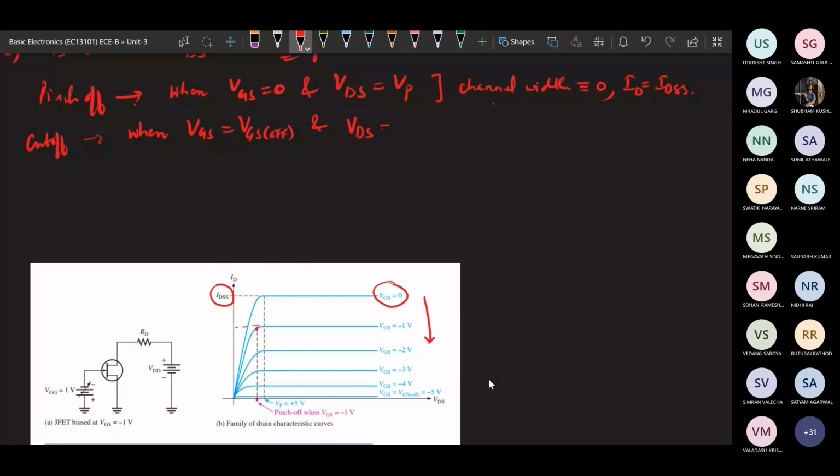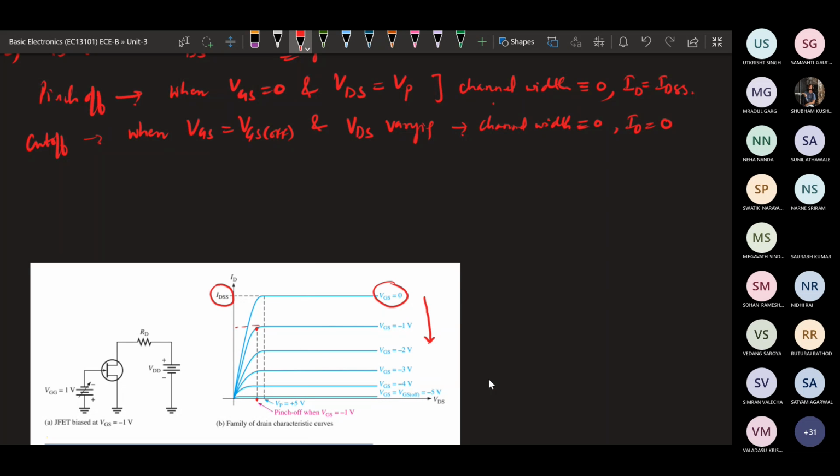Here VDS is varying, so VDS is any value, but when VGS is equal to VGS(off), the channel width will be reduced to almost 0, and the current flowing is similar to a 0 current. So the current will become 0 in this cutoff region case.